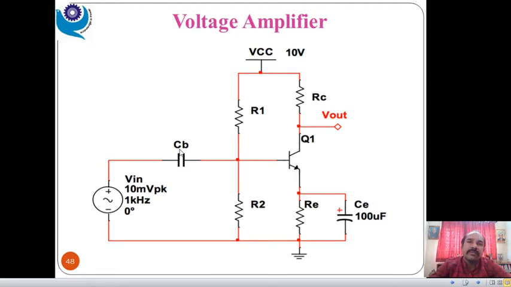For example, a temperature sensor converts temperature into electrical voltage. When there is a change in temperature, our transducer, that is a thermocouple or thermistor, senses that temperature and converts it into voltage. That voltage is very small, in millivolts or microvolts.